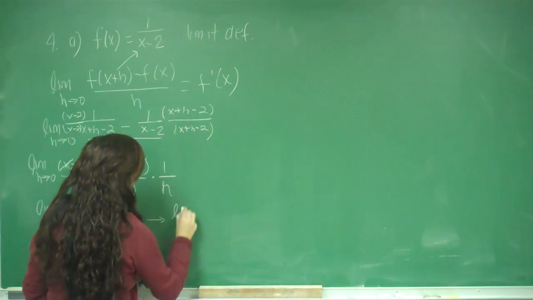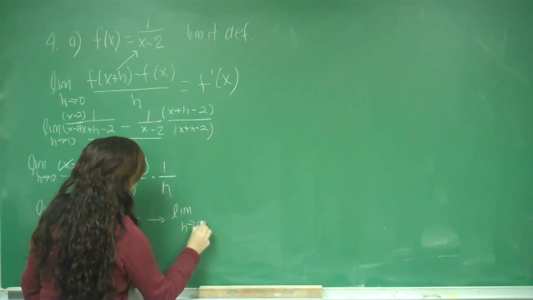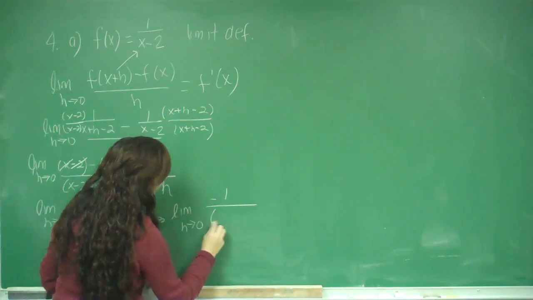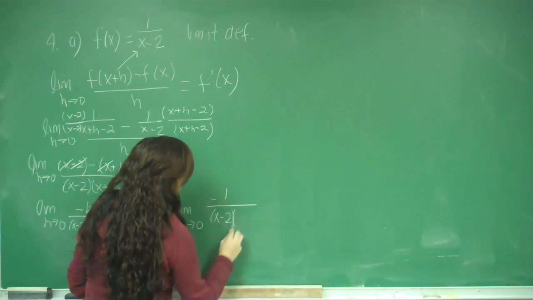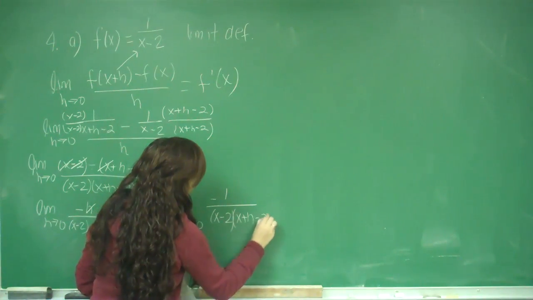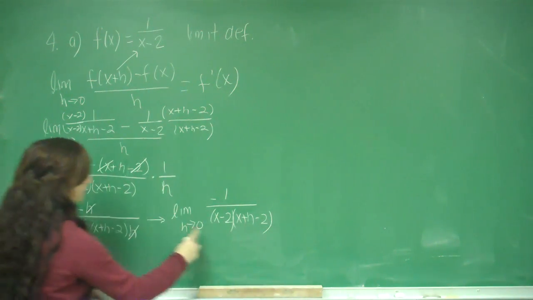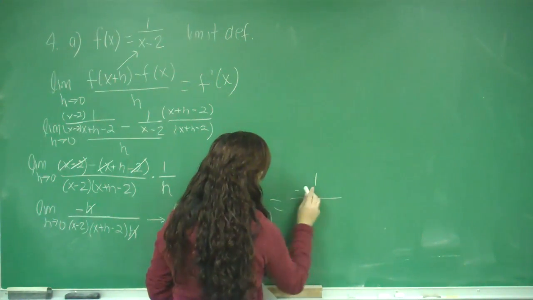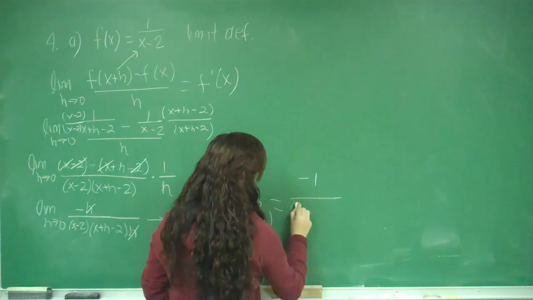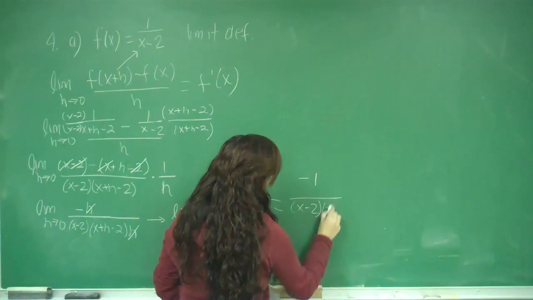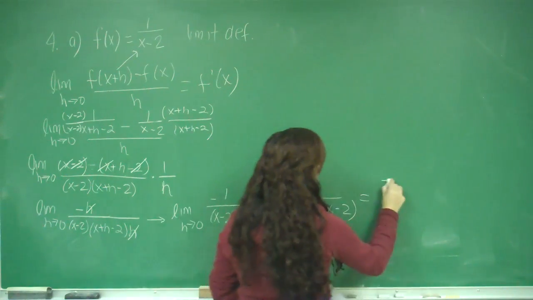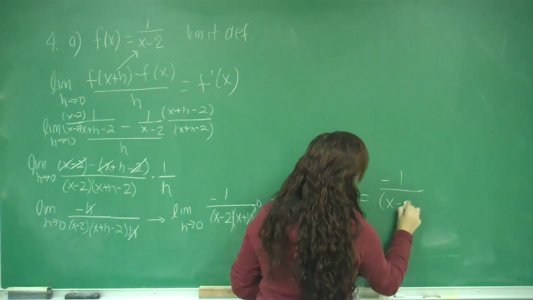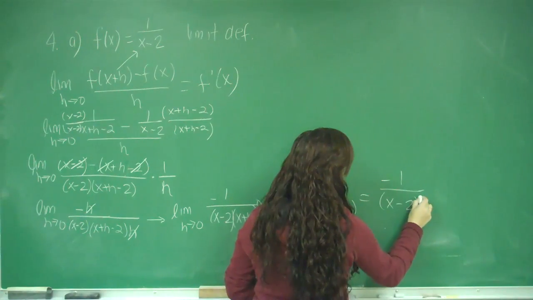So I get the limit as h approaches 0 of negative 1 over x minus 2 x plus h minus 2. And now as h goes to 0, this term goes to 0. So I get negative 1 over x minus 2 times x minus 2, and then that's negative 1 over x minus 2 squared.